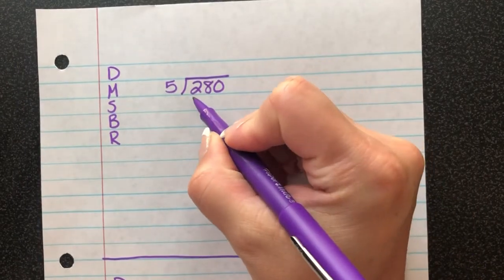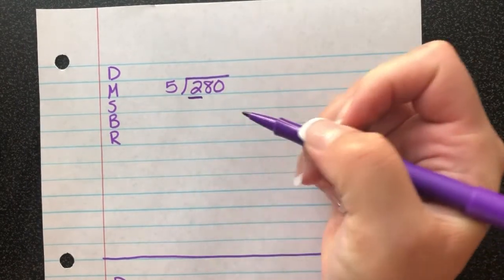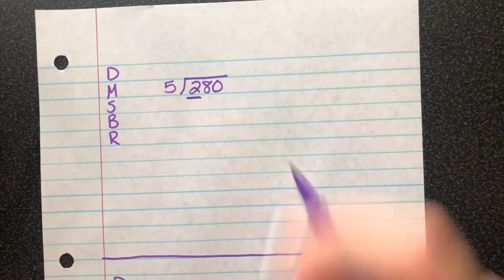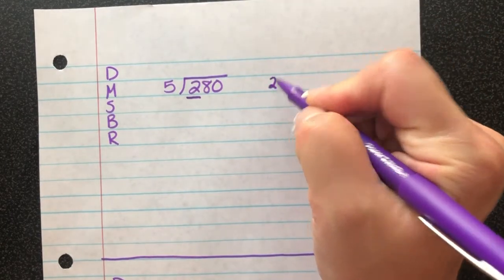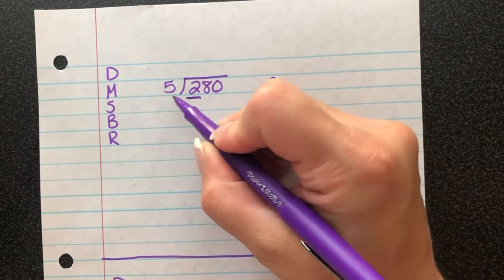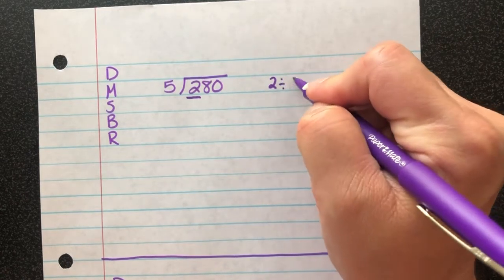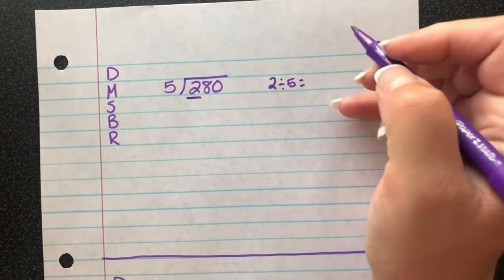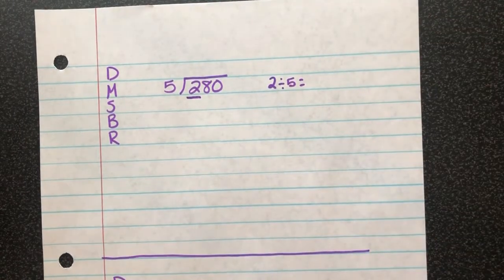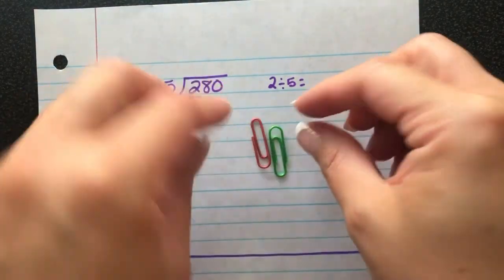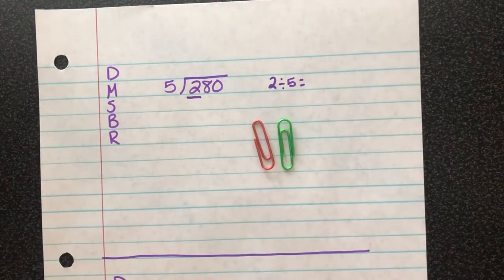Just like we did before, I'm going to underline that 2. I'm going to try to divide the 2 divided by 5. Here's the problem with that. That means I have a total of 2 paper clips.